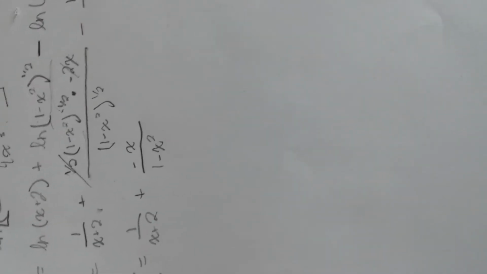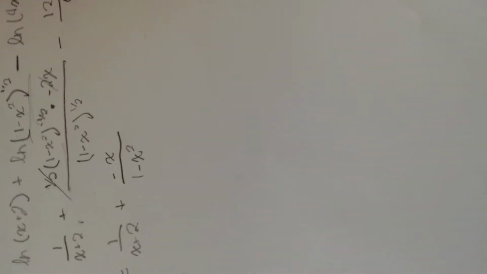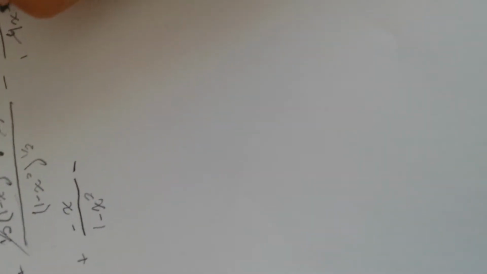Well, 1 minus x squared raised to the 1/2 times 1 minus x squared raised to the 1/2 is 1 minus x squared raised to the 1. So you just have negative x over 1 minus x squared. Okay, minus, these cancel, 1, 3, and then these x's cancel. So this x cubed becomes just a 1 because you subtract the exponents. So you have a 3 over x. There we go.